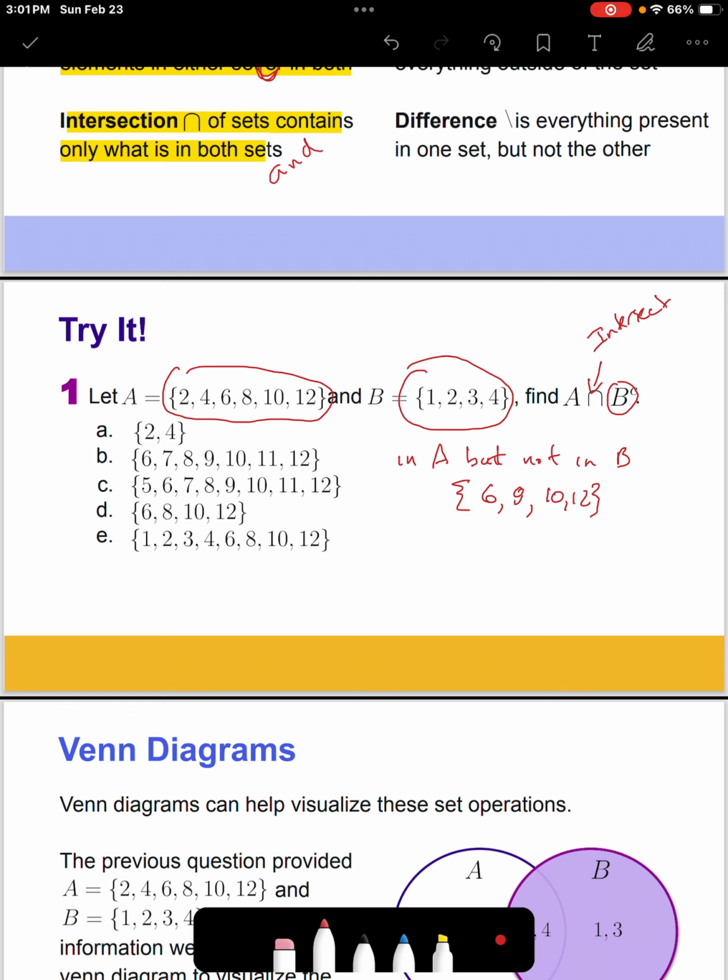So what we would do is A intersect the complement of B. And that would just be the elements in A and this set. Which elements are in both of those sets? These numbers here are in that set, and they're also in this set. So this would be the set 6, 8, 10, and 12.